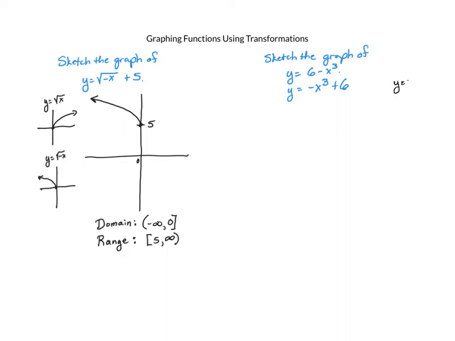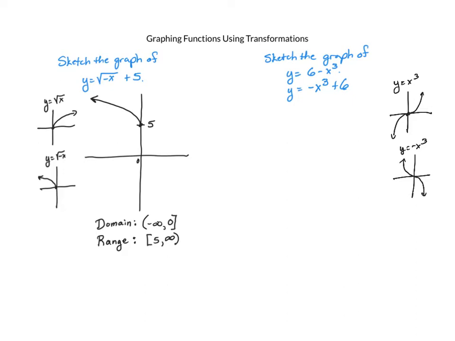So our y equals x cubed graph, let's make sure you remember what that is. Y equals x cubed is our graph that looks like this. It goes relatively flat right here at the origin. It's not completely flat, but to our eye it goes almost horizontal. So we're going to make sure we reflect it across the x-axis. So we'd have y equals negative x cubed that would look like this.